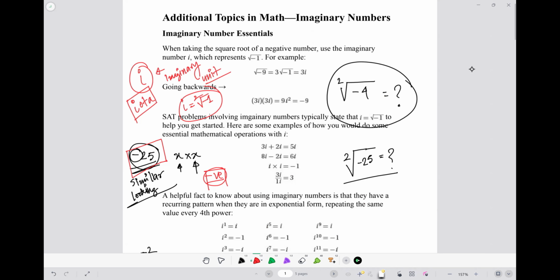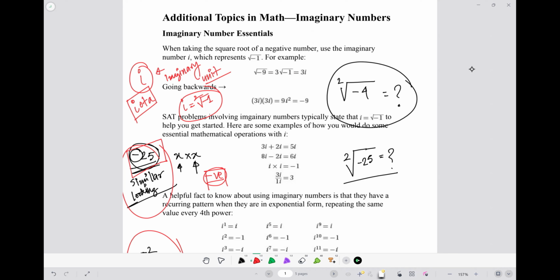To solve this problem, we need the imaginary unit, we need iota, we need i, which is the square root of negative 1. That is it, as simple as that. So this is the very basics about iota.